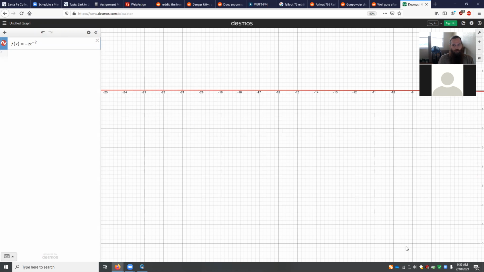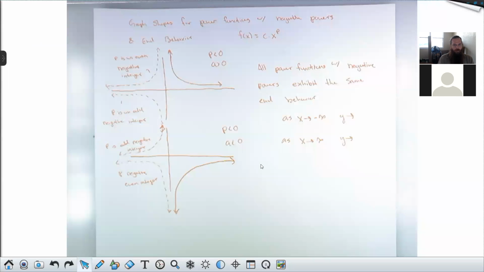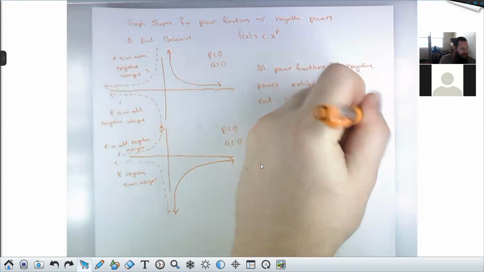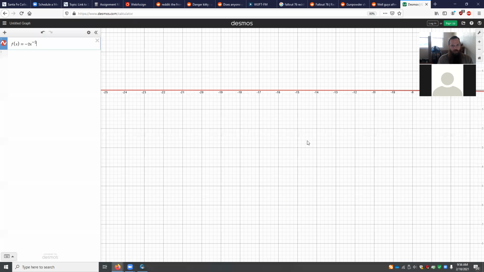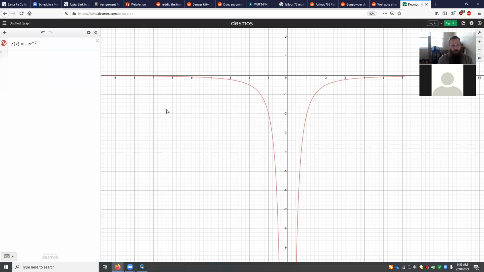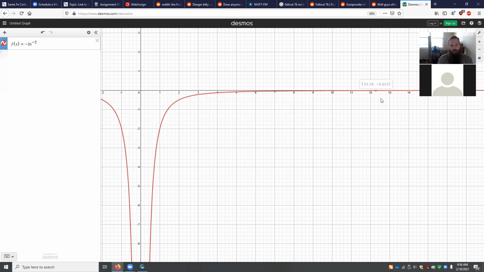Those y values are all getting closer and closer to 0. And the same is true as we wander off to the right. This graph is kind of trying to sit down on the x-axis in that same way. As I wander off to the right, these are all going towards 0. And it doesn't actually matter what the power is, as long as the power is negative.